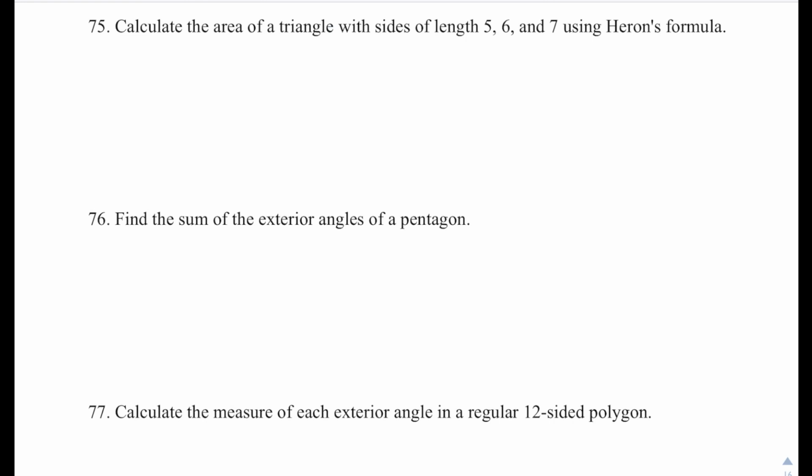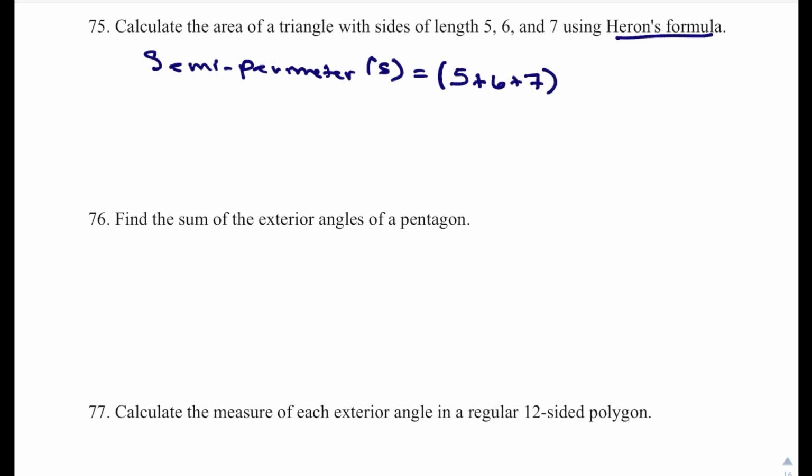Calculate the area of a triangle with the sides of lengths 5, 6, and 7 using Heron's formula. So Heron's formula is: semi-perimeter, which is S, equals the sides, so 5 plus 6 plus 7, divided by 2.